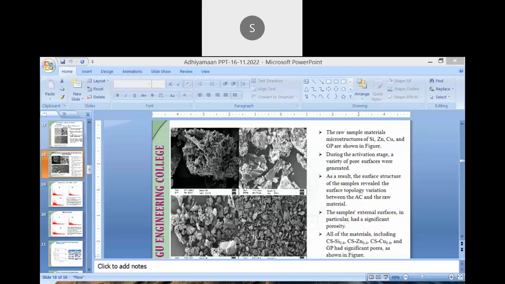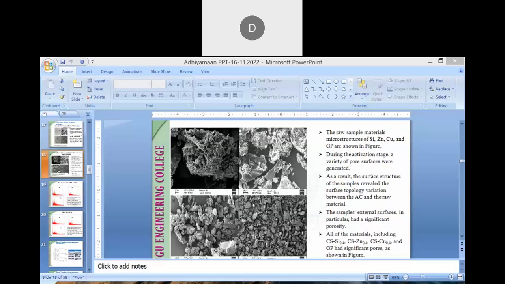So during the activation, what is actually happening? The impurities present in the pores, if they are carbonaceous matter or whatever, will be converted into carbon monoxide or carbon dioxide, and get removed. But here there is no chance for the presence of water or moisture.